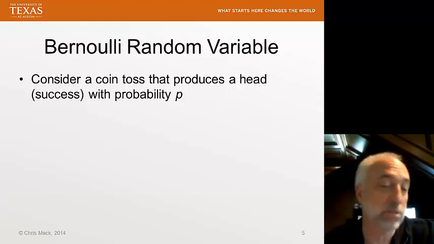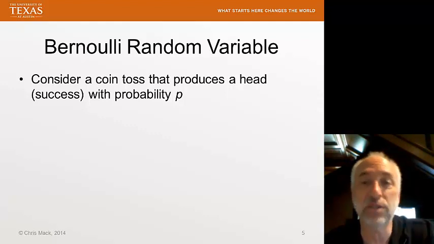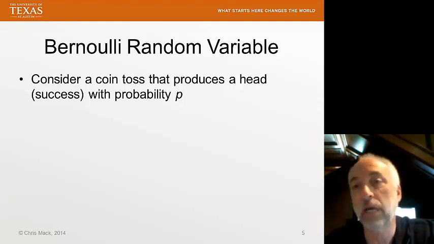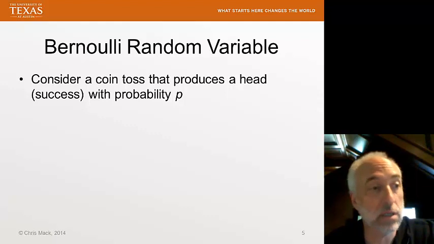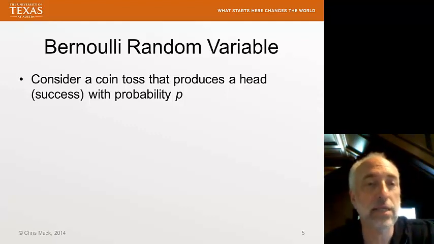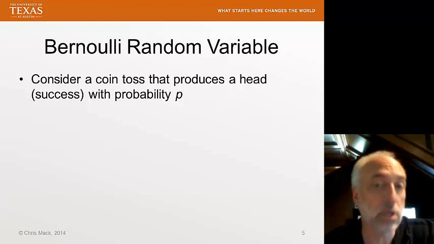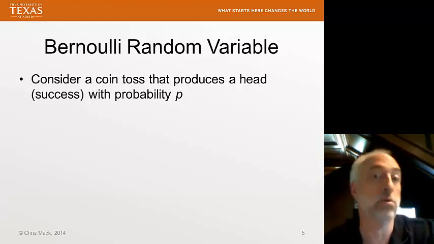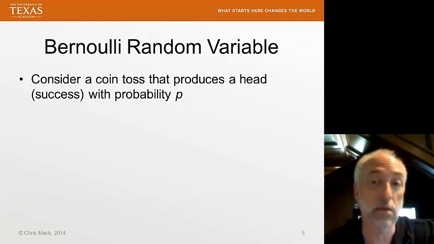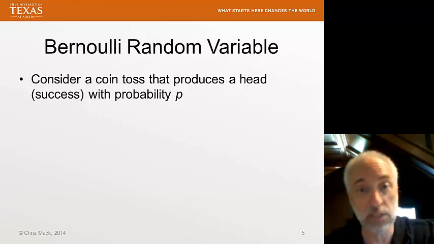Of course, it doesn't have to really be coin tosses. We could ask, here is a nucleus, and it either undergoes radioactive decay, releasing an alpha particle, or it doesn't undergo radioactive decay. So it's a 1 or a 0, binary, success or failure.